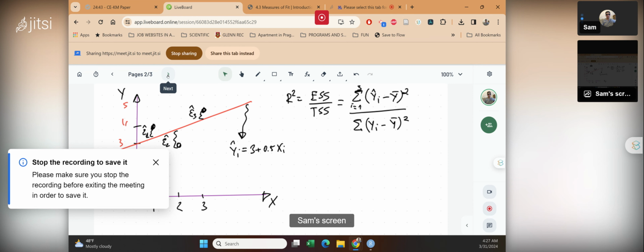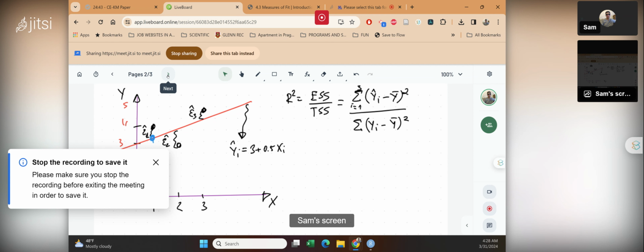So if you are interested in y hat values, let me use this blue point. So the blue dot is actually the prediction of your model. If your x is 1, then the prediction of the model is actually equal to 3 point something.